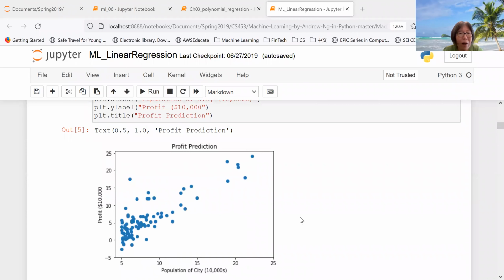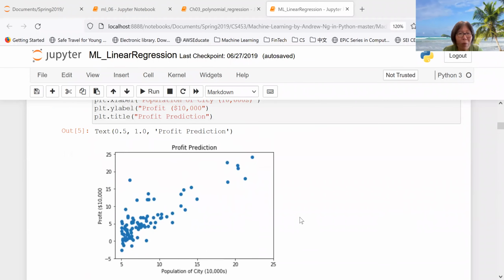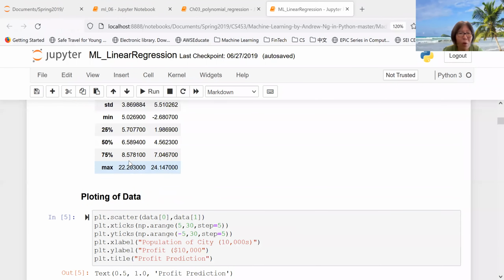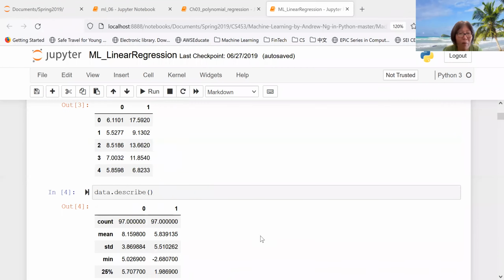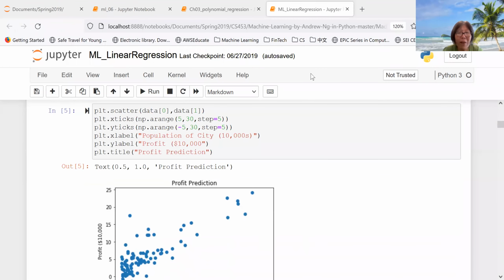Regarding the relationship between these two, we have the first column of data, the second column of data, and so on. Basically, the data describes the population of some city and the profit.